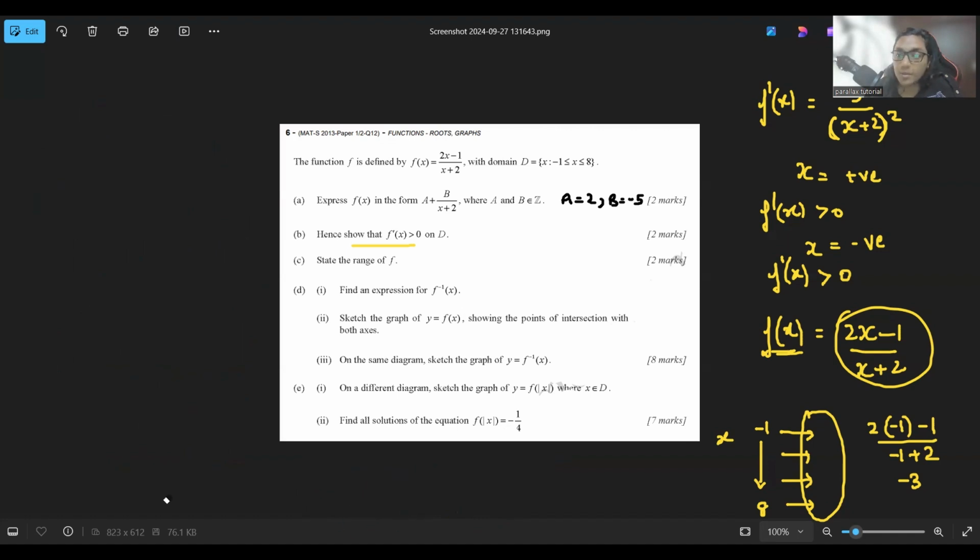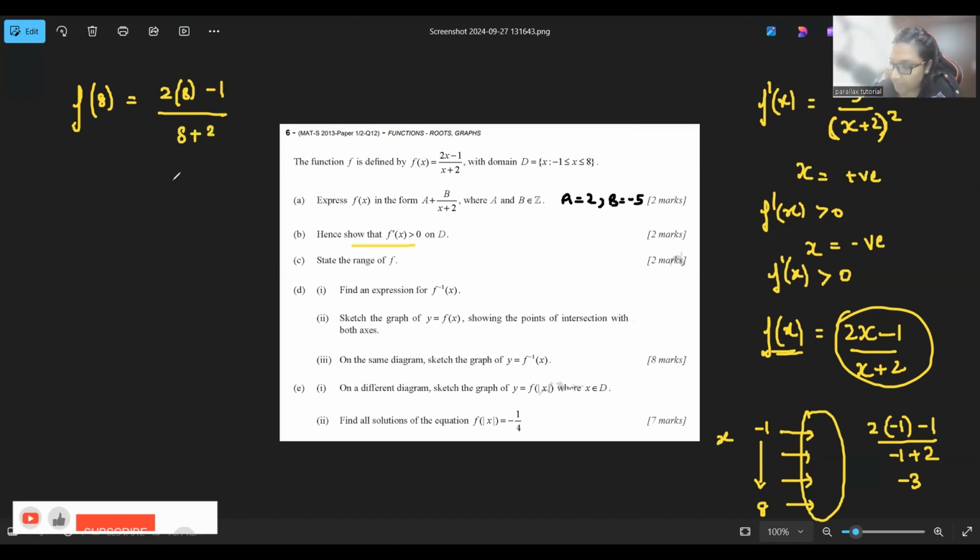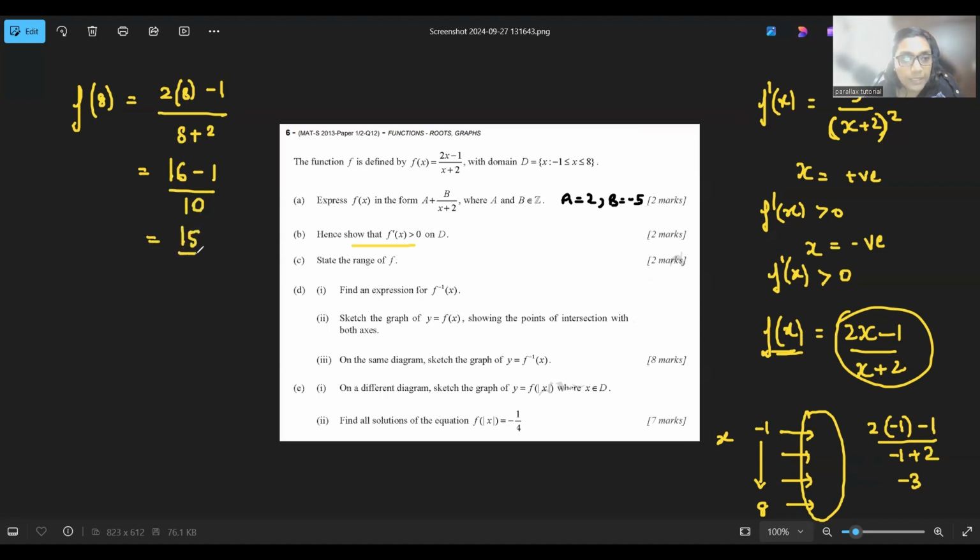When we put 8 into the function, f of 8, we get 2 into 8 minus 1, divided by 8 plus 2, which is 16 minus 1 by 10, 15 by 10 or 3 by 2 when you divide by 5.